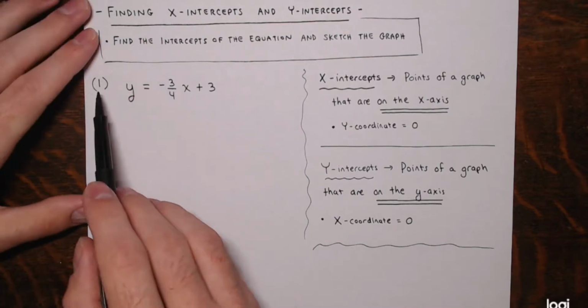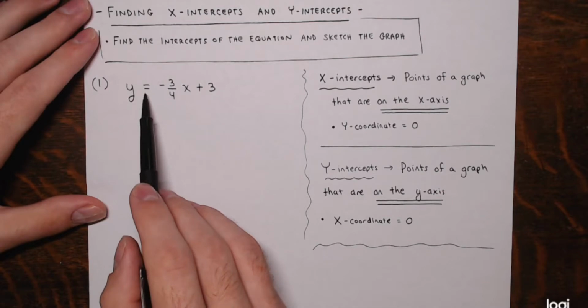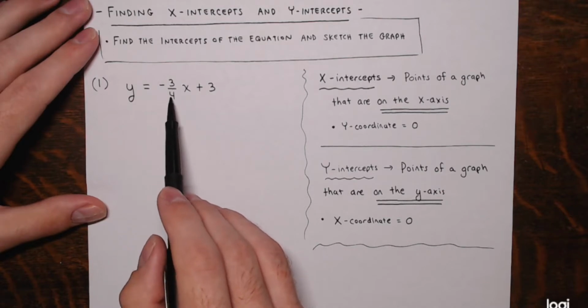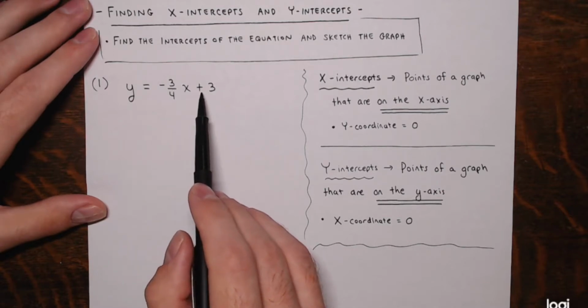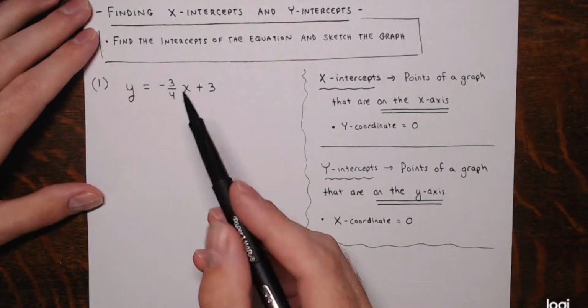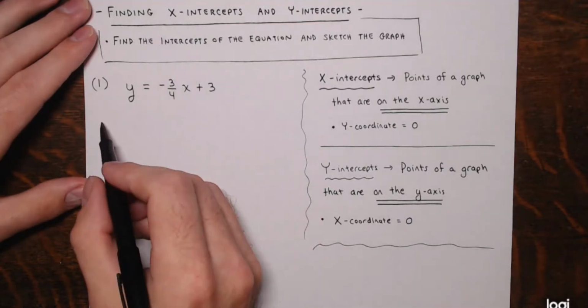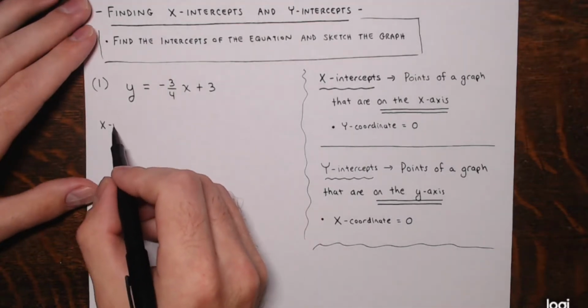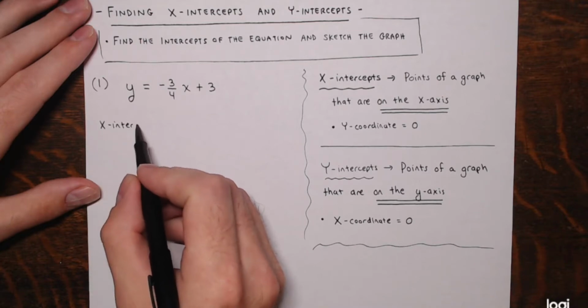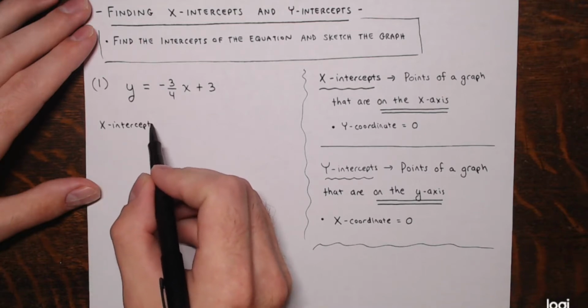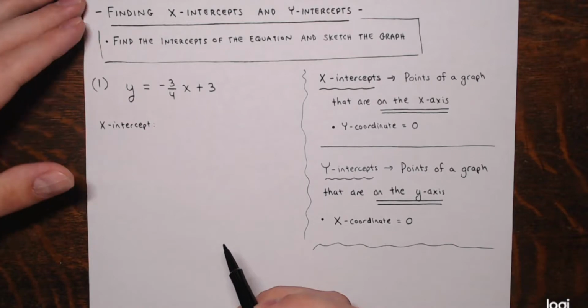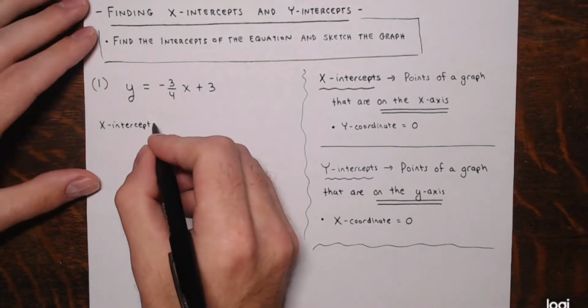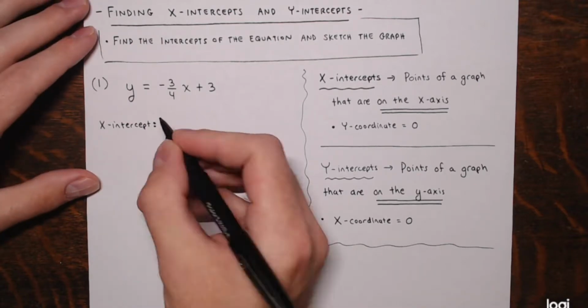Alright, so the first equation we're given is y equals negative 3/4 times x plus 3. And we're asked to find the intercepts. So first, let's go with the x-intercept, right? If it's a linear equation, it can have at most one x-intercept.